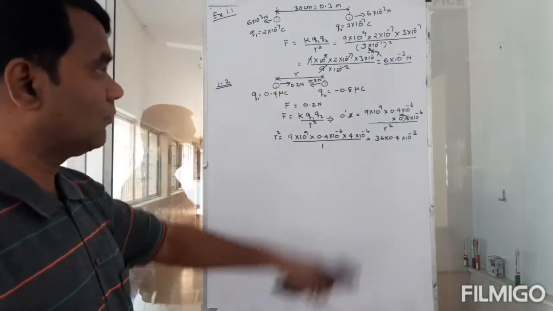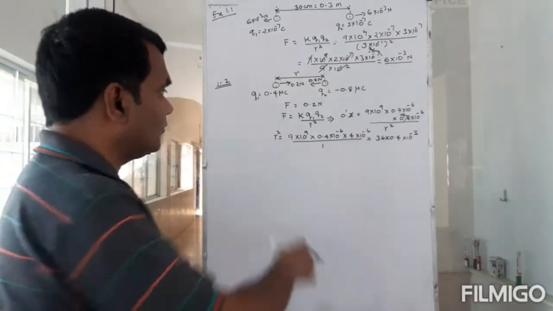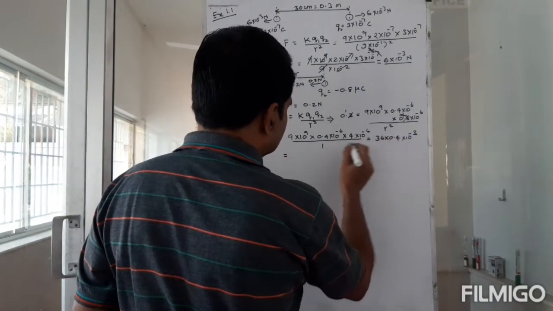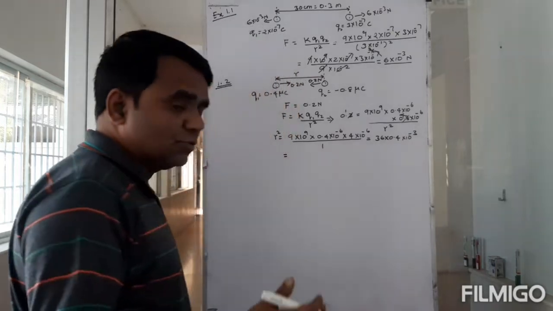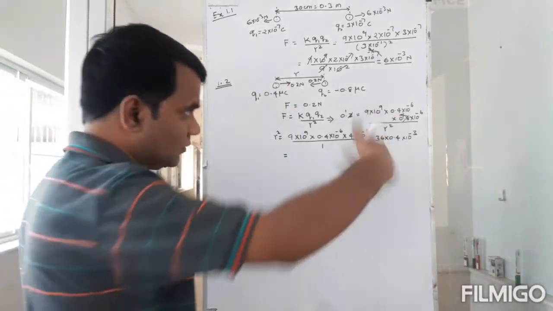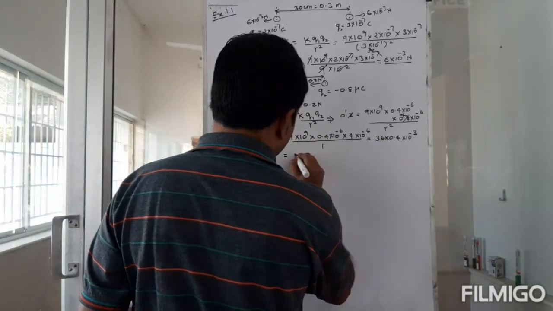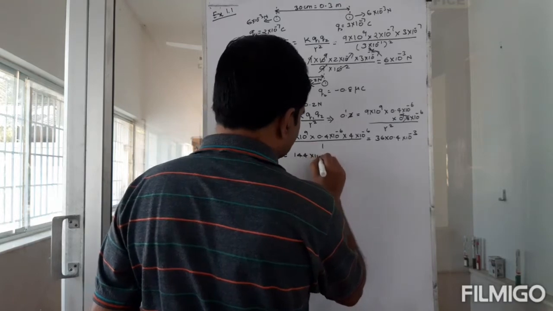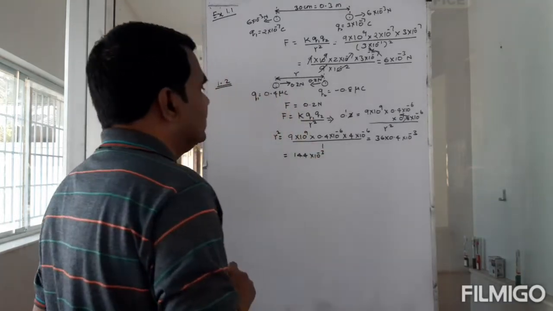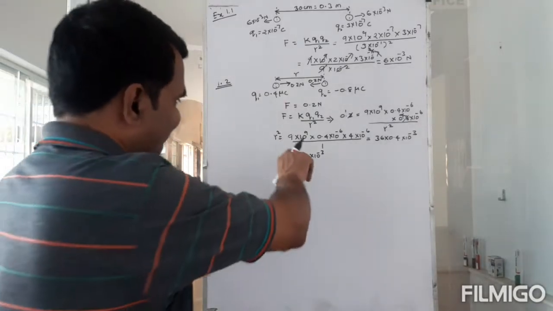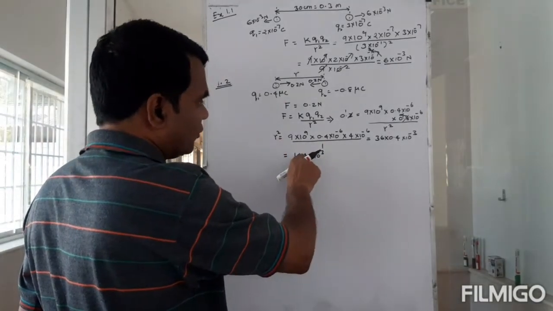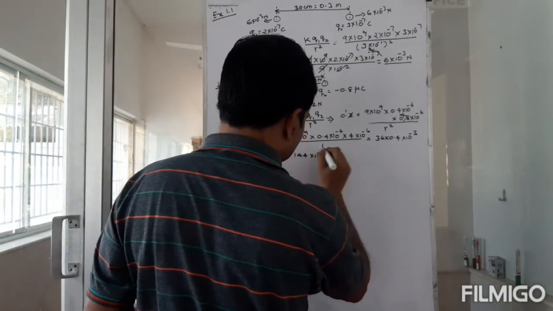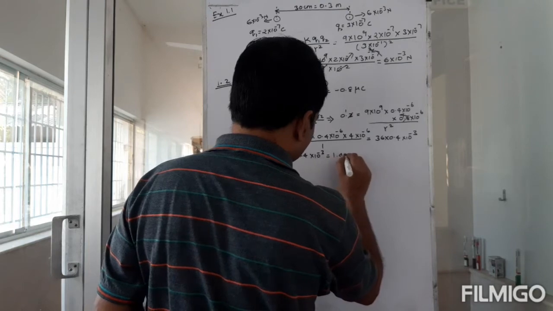So what would that be? 36 into 4, 72 plus 72, 144, so 14.4. 14.4 into 10 power minus 3. Okay? So it's 1.4 into 10, right? That's 14. So if we do it properly, then it will be 1.44.